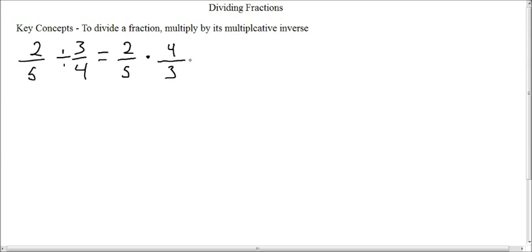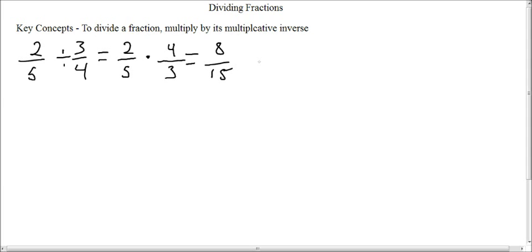Okay, now we just go through the rules of multiplication of fractions, which is, if we cannot simplify by cross dividing, we'll just multiply numerator times numerator and denominator times denominator.